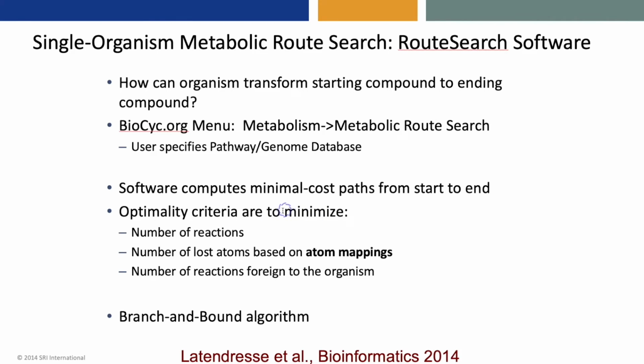What it's trying to minimize in this procedure is the number of reactions in the resulting path, the number of atoms that are lost through this series of reactions based on atom mapping information, and the number of reactions that are foreign to the organism, because the algorithm can import additional reactions from MetaCyc to enable this transformation to occur.